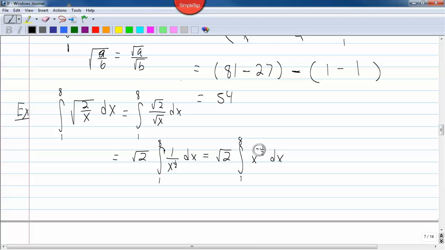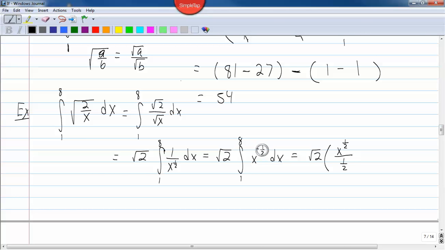And so now we can apply the power rule. When I add 1 to the power right here, that power becomes positive 1/2. Alright, so this is the square root of 2 times x to the positive 1/2, and you divide it by its new power, positive 1/2.